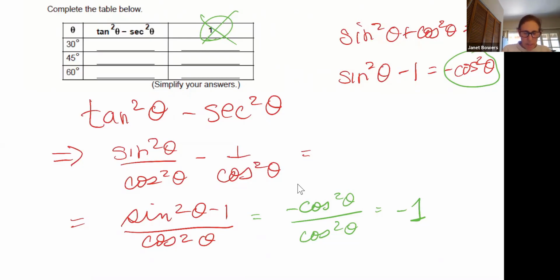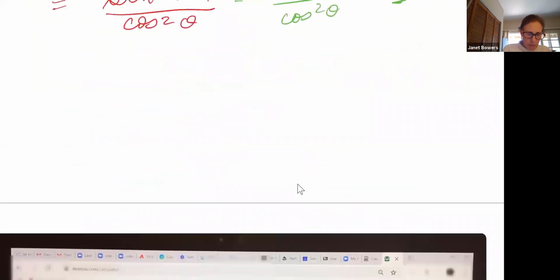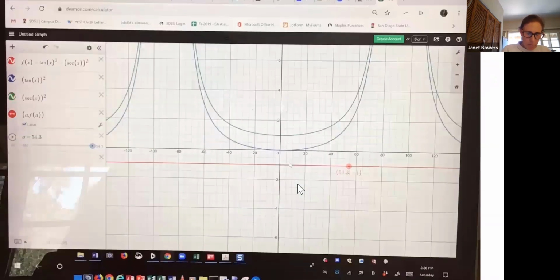what does this look like? We're saying that for any theta, the tangent squared theta minus the secant squared theta is equal to negative 1 no matter what. I looked at that on Desmos, and it's really fascinating.